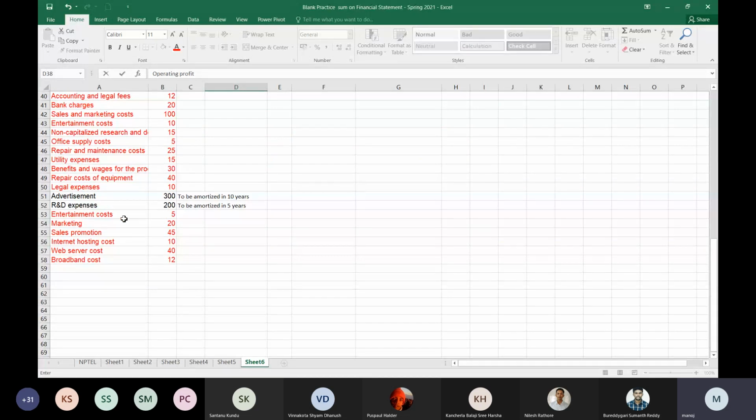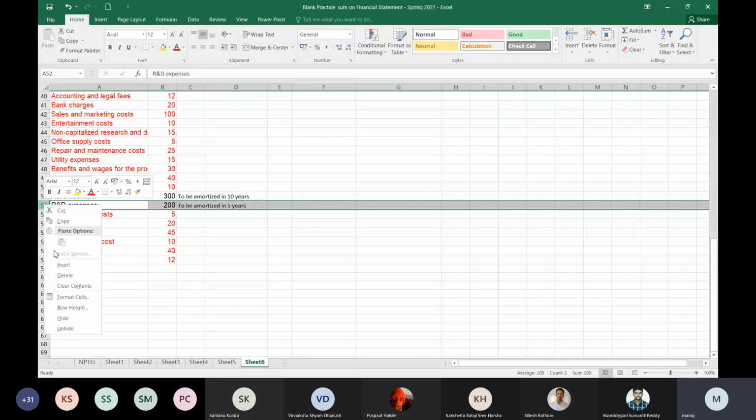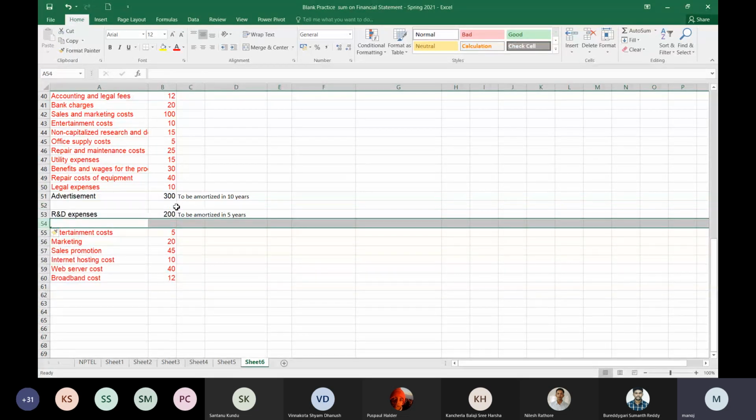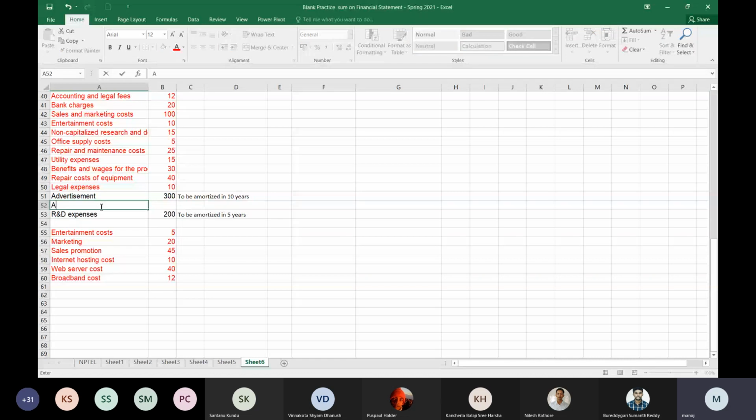So instead of doing it mentally, I think we should have done it here itself. Insert and then insert. So amortization, we write amortization of ad expense is equal to this divided by 10.